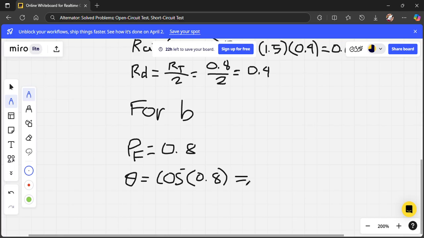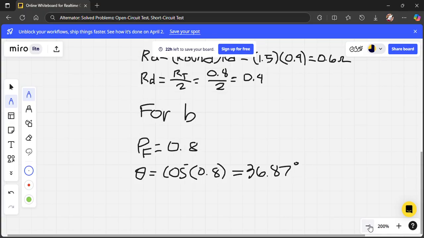We can get the angle, which is 36.87 degrees.